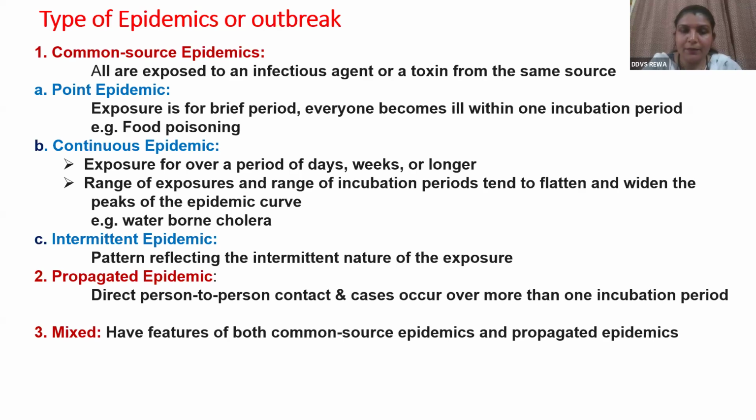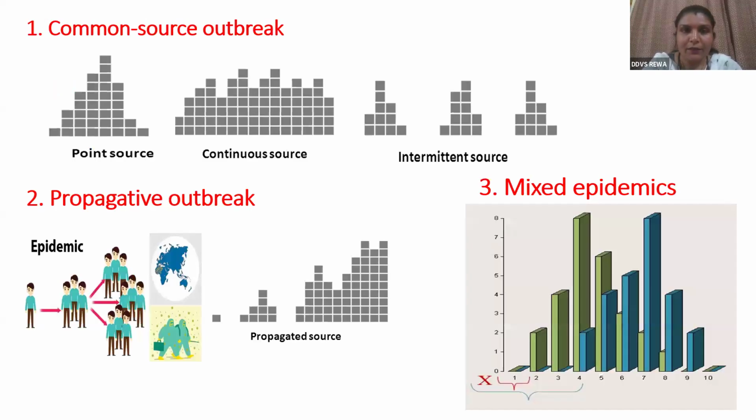When the source is common and the spread is propagative, this is referred to as a mixed epidemic. Here we can see the epidemic curve for the common source point epidemic: there is one peak, and after that the cases subside.